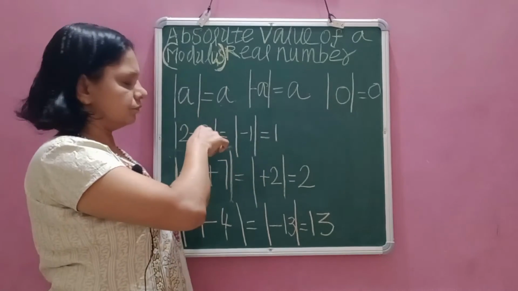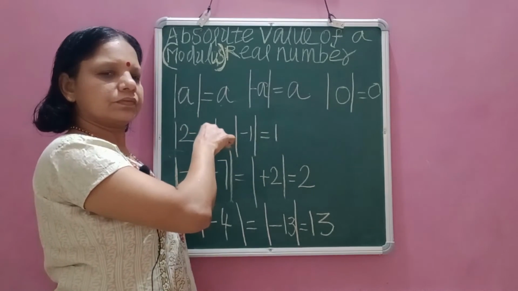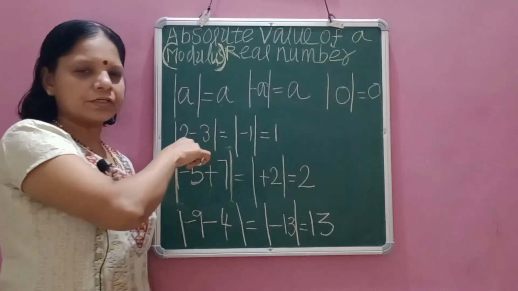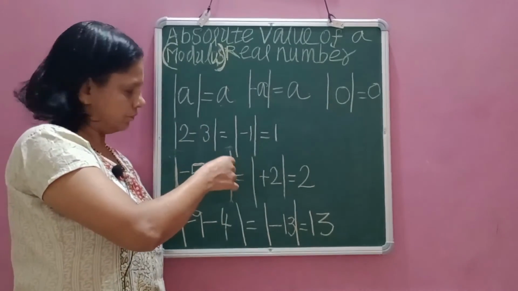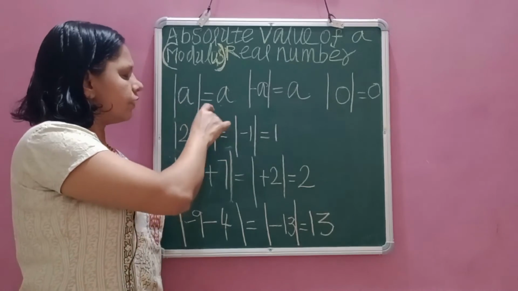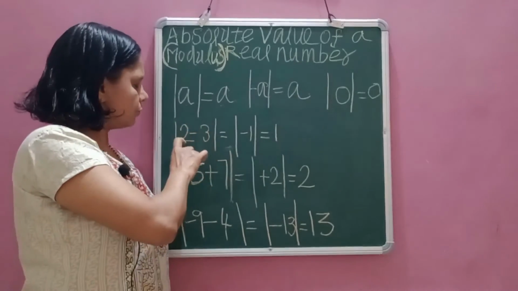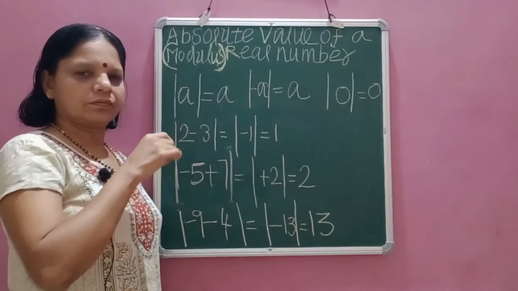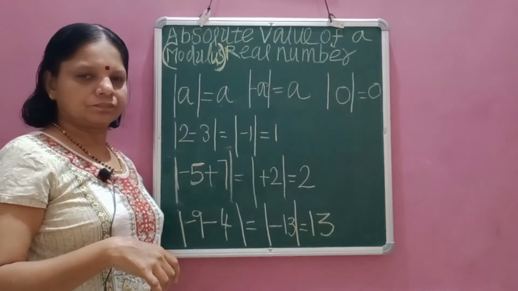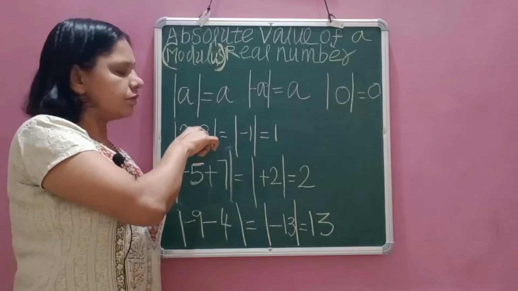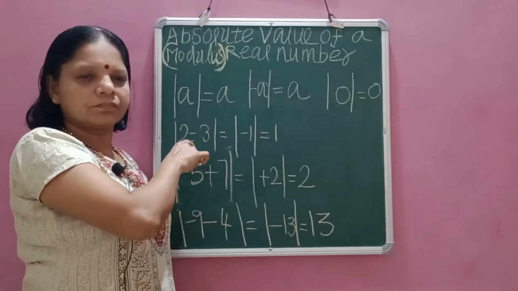Now see some arithmetic operations inside the absolute value. What is the final result you see? Absolute value of 2 minus 3. You have studied how to subtract integers. Subtracting a larger number from a smaller number means what?